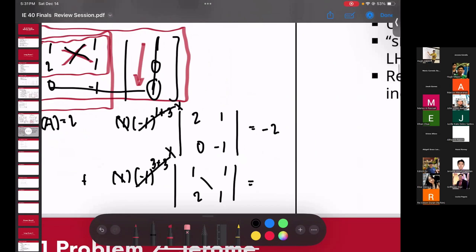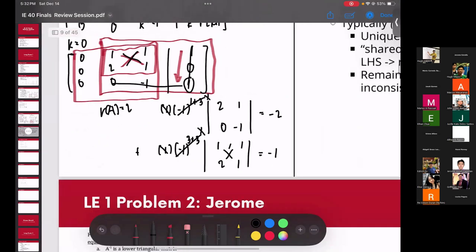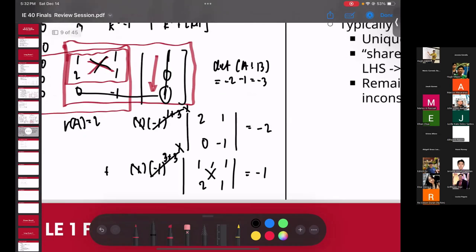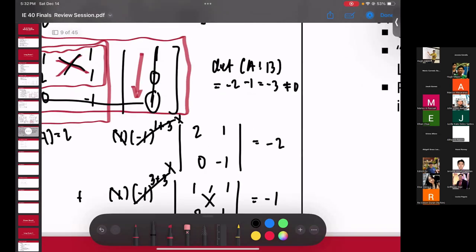This is 0 minus 2, so negative 1. So if you add them together, the determinant of A augmented B is equal to negative 2 minus 1 equals negative 3. And since that's not 0, the rank of A augmented B is equal to 3.